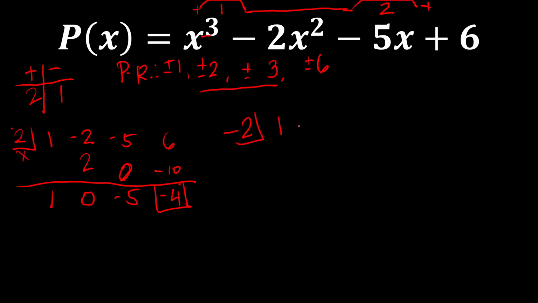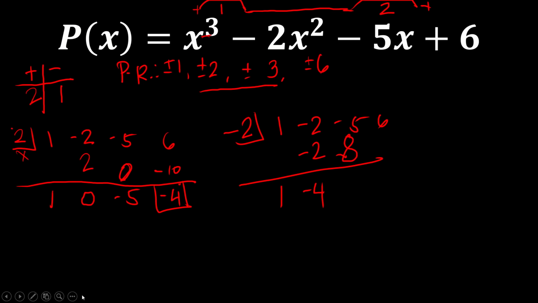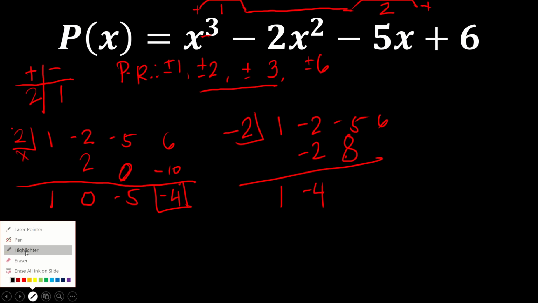Try natin si negative 2. So, ganun pa rin. 1, negative 2, negative 5, 6. Bring down 1. 1 times negative 2 is negative 2. Negative 2 plus negative 2 is negative 4. Negative 4 times negative 2 is positive 8.